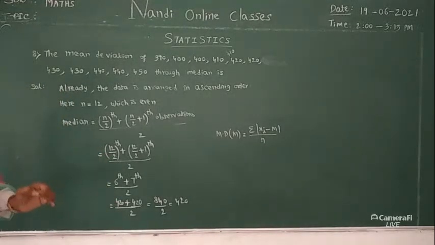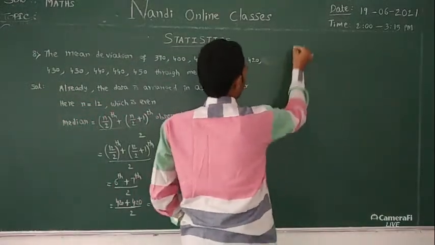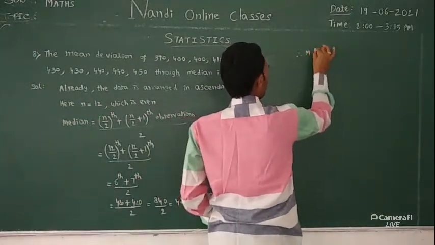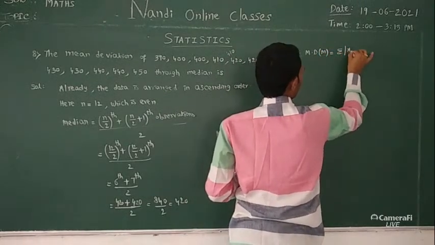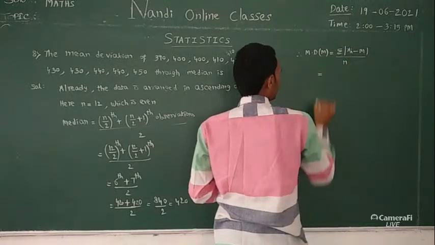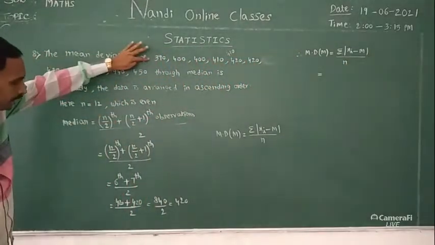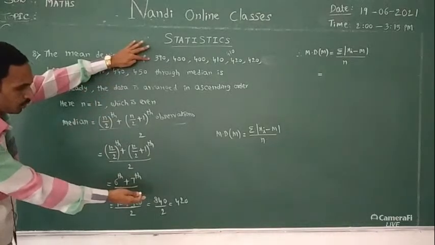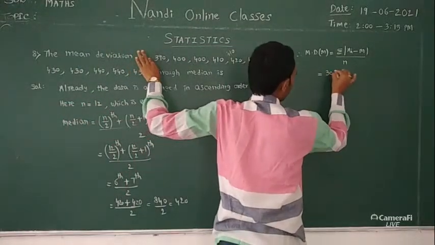Now mean deviation about median. Therefore, the formula is summation of modulus of xi minus capital M, divided by n. Observation minus median. Observation 390: 390 minus 420 is minus 30, and the modulus of minus 30 is 30.